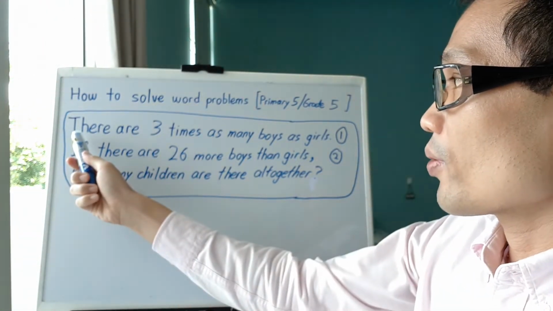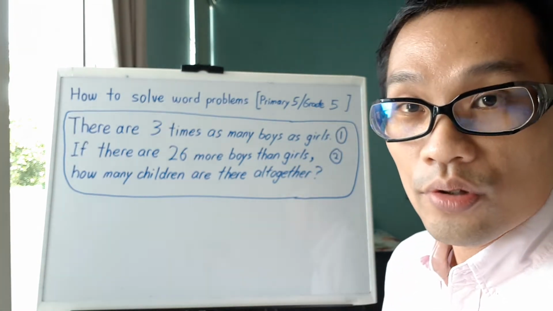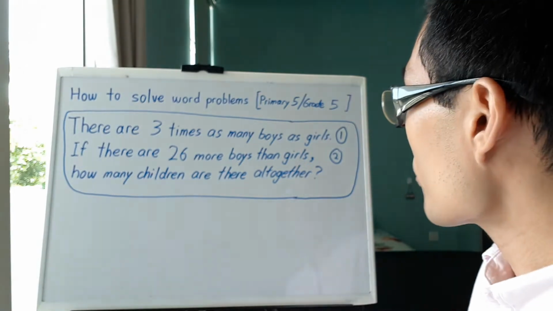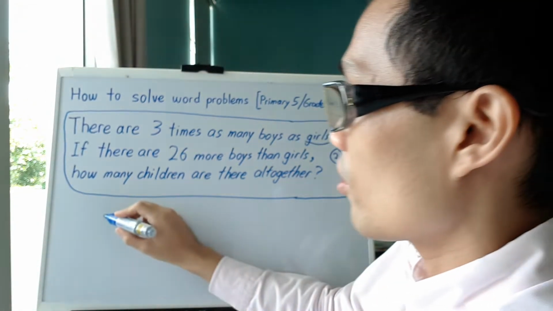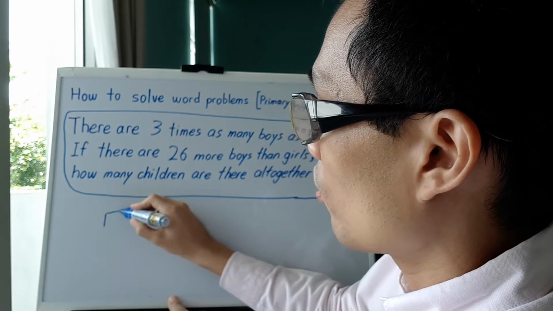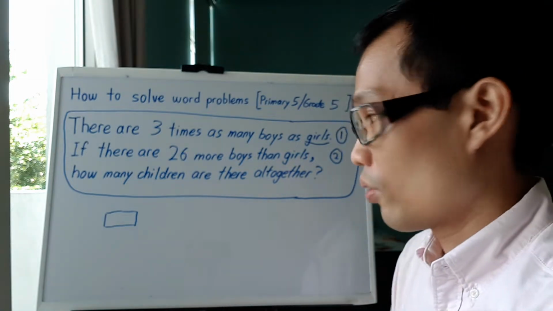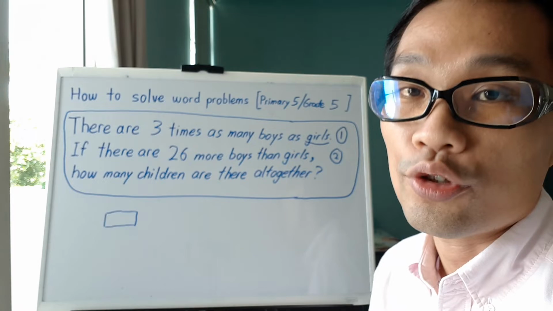So let's look at the first one. There are 3 times as many boys as girls. So who is more, boys or girls? Girls. So let's say we have one girl represented by one unit or one rectangle that I draw here.